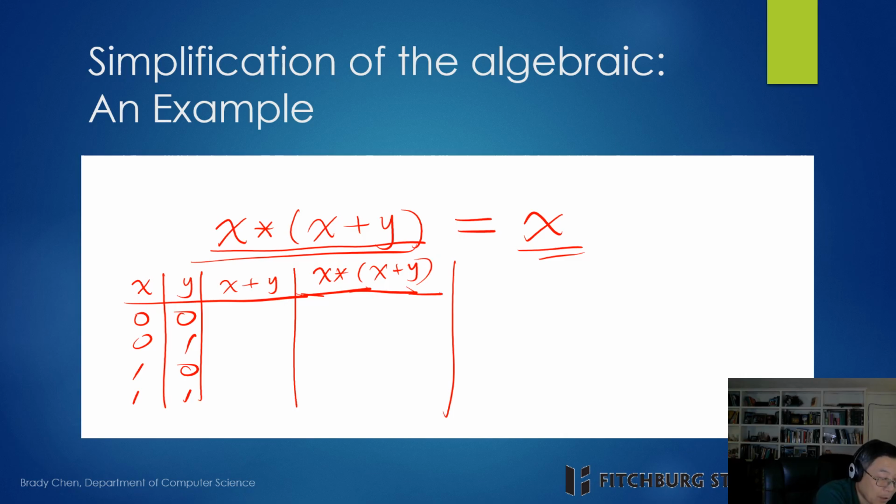So x is 0, y is 0, x or y is 0. 0, 1 is 1, 1, 0 is 1, 1, 1 is 1, because that's the OR operation. Then let's do the AND operation between x and x plus y. So 0 and 0 is 0, 0 and 1 is 0, 1 and 1 is 1, 1 and 1 is 1.